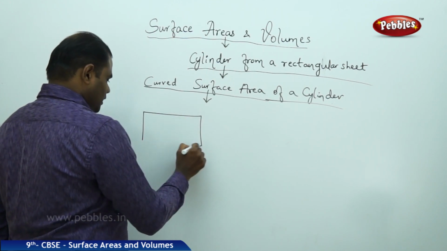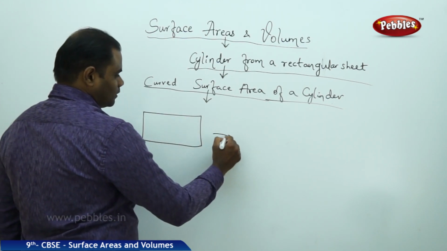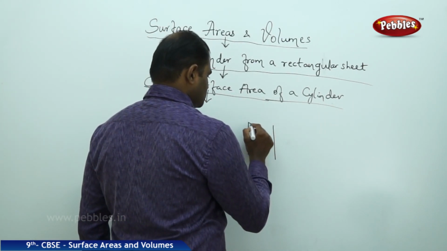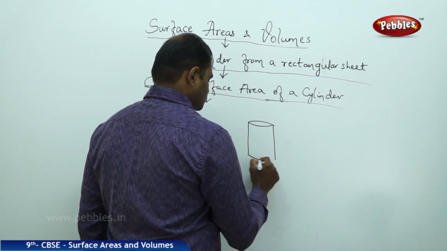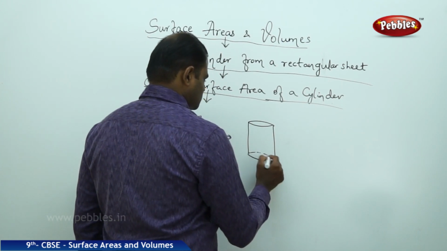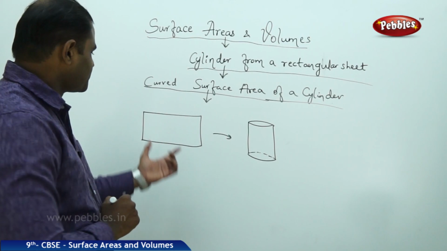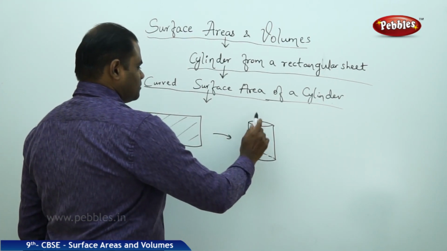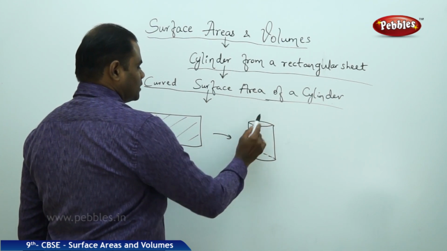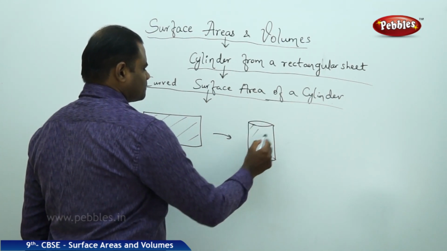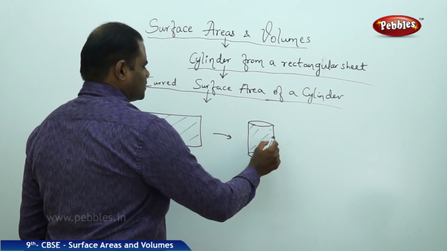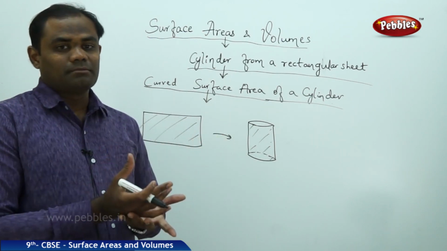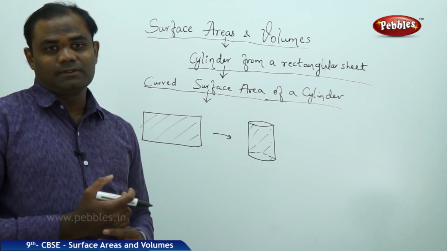Let's come back to the rectangular sheet of paper which, when rolled, forms a cylinder. Therefore, the same area as occupied by the sheet of paper will be the same area as occupied by the curved region of the cylinder. That is how we understand the same sheet of paper occupying the same surface area when it forms a cylinder.